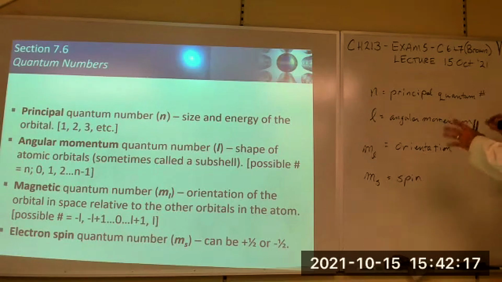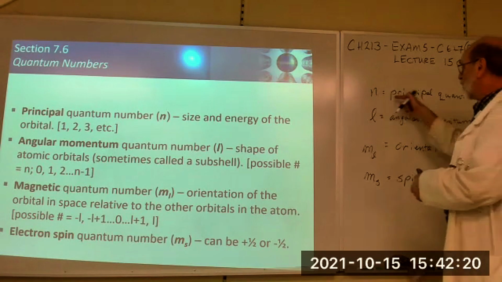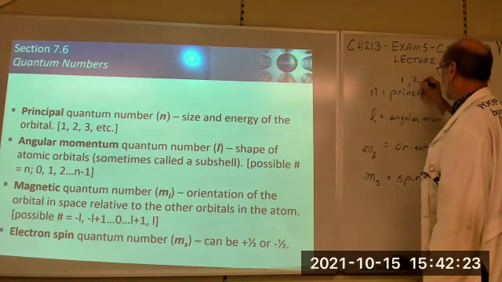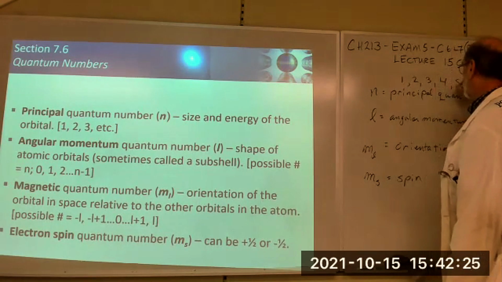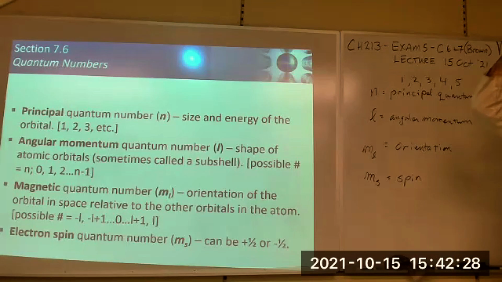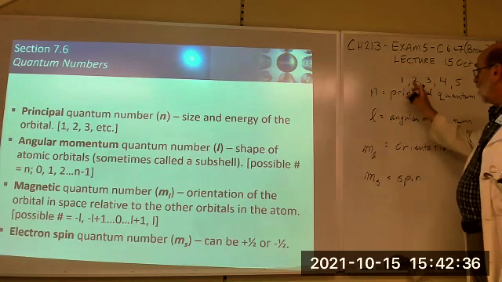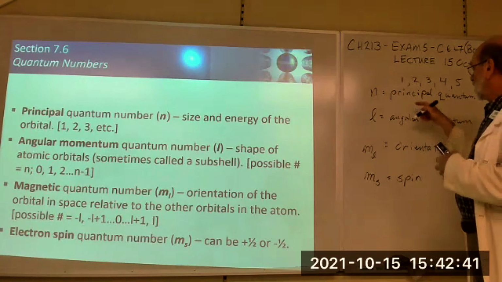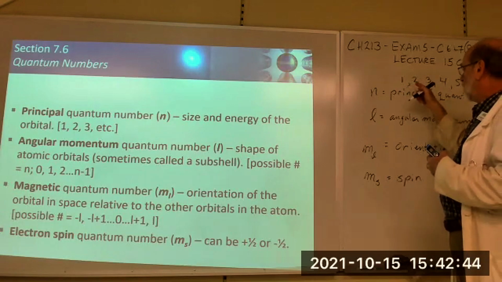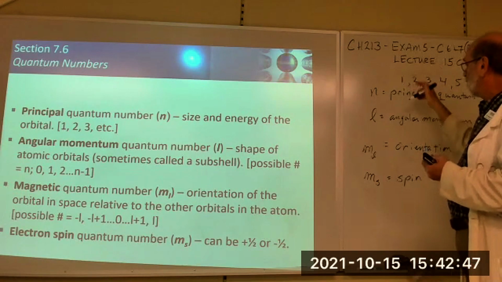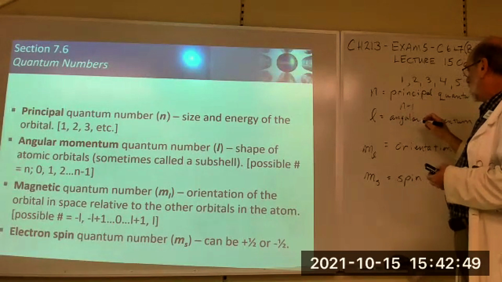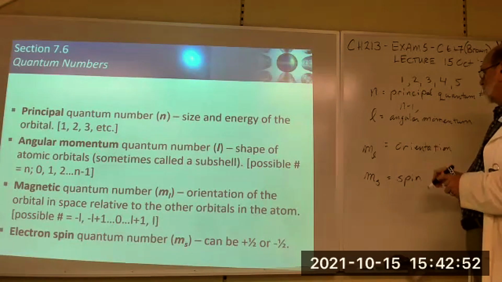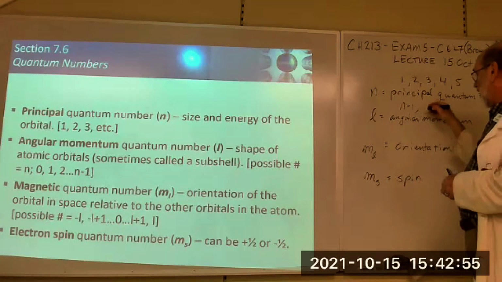So how do the numbers go here? The principal quantum number starts at 1 and just keeps going as big as you want, on up, till you run out of elements. The angular momentum number is a sublevel of each one of these. You start at 0 and work your way up in whole numbers, to n minus 1.